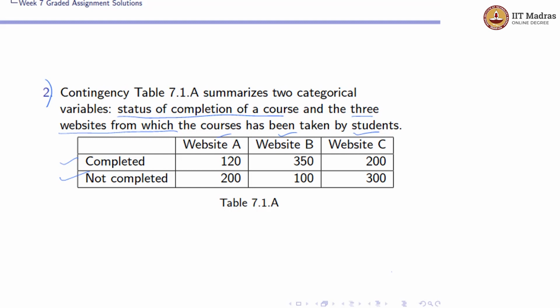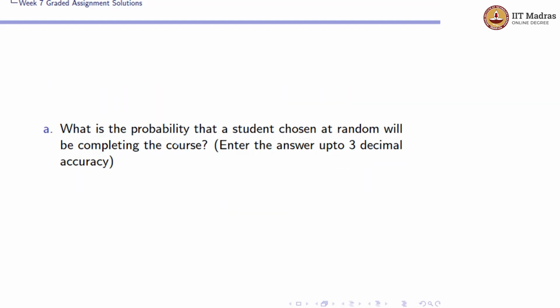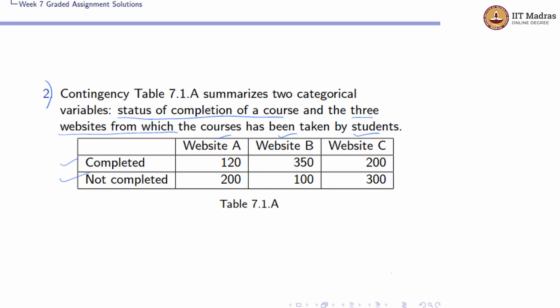Let's look at the question. This is our A part: what is the probability that a student chosen at random will complete the course? So let's see how many students have taken the course.